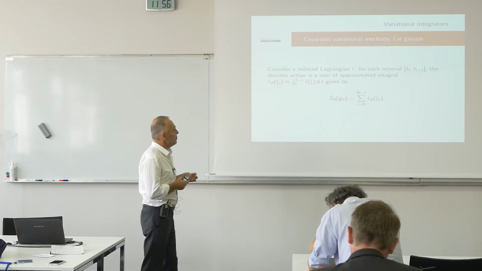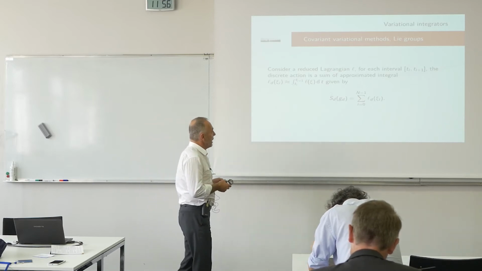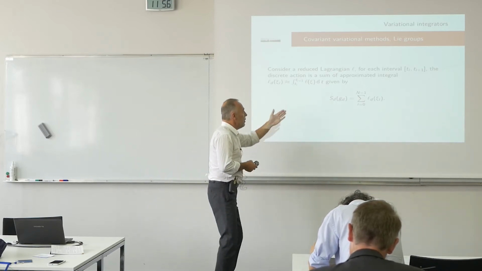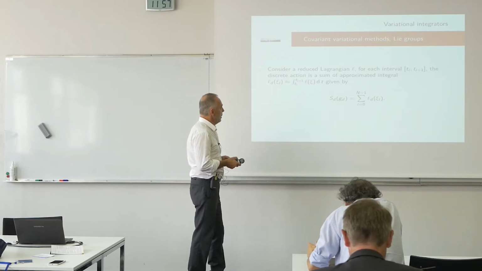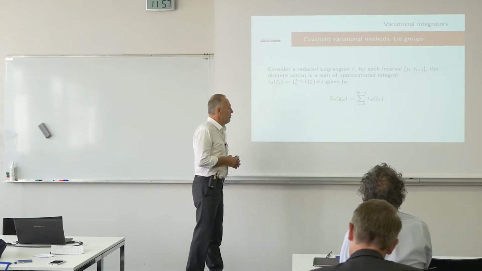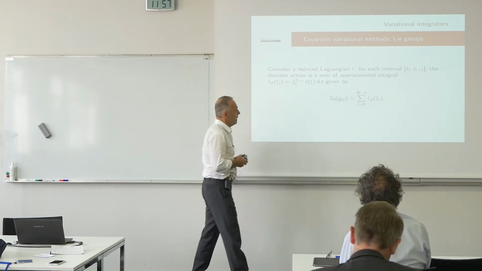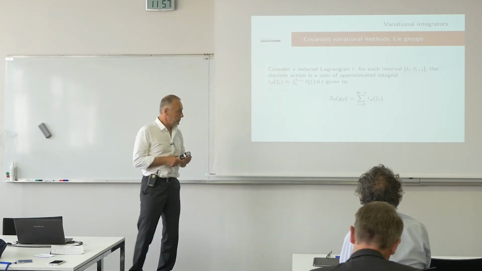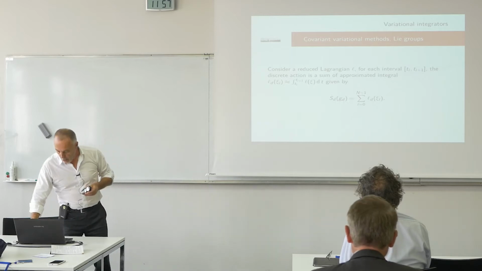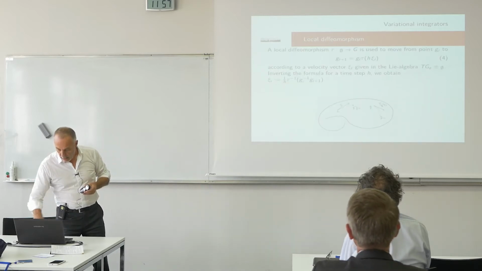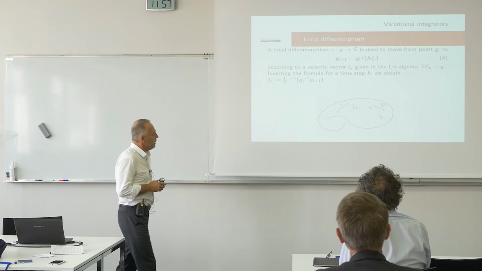So the idea is to start from a Lagrangian, which is a sum of discrete Lagrangians, which depend on the velocity vectors belonging to the Lie algebra. I will go really quick.